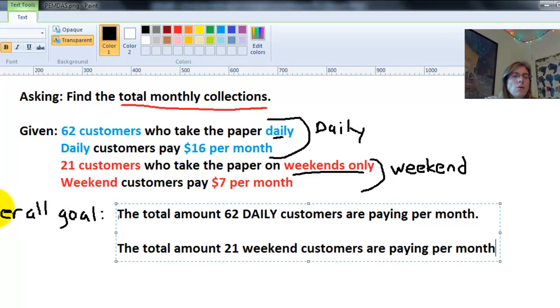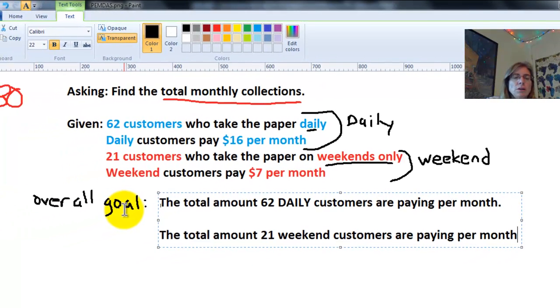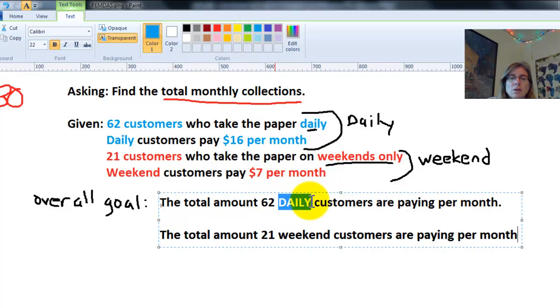So the overall goal is to determine the total amount 62 daily customers are paying per month added to the total amount 21 weekend customers are paying per month.